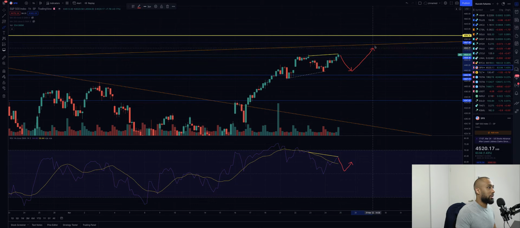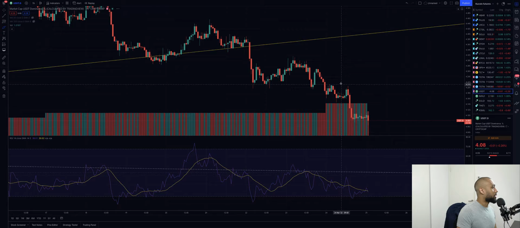And if we can come back up here and move higher. So the real concern is when we get here, because if we go straight up, we're gonna need a lot of strength to break through that resistance. If we come down for a double bottom, that might give us enough juice and energy to get up to those levels.